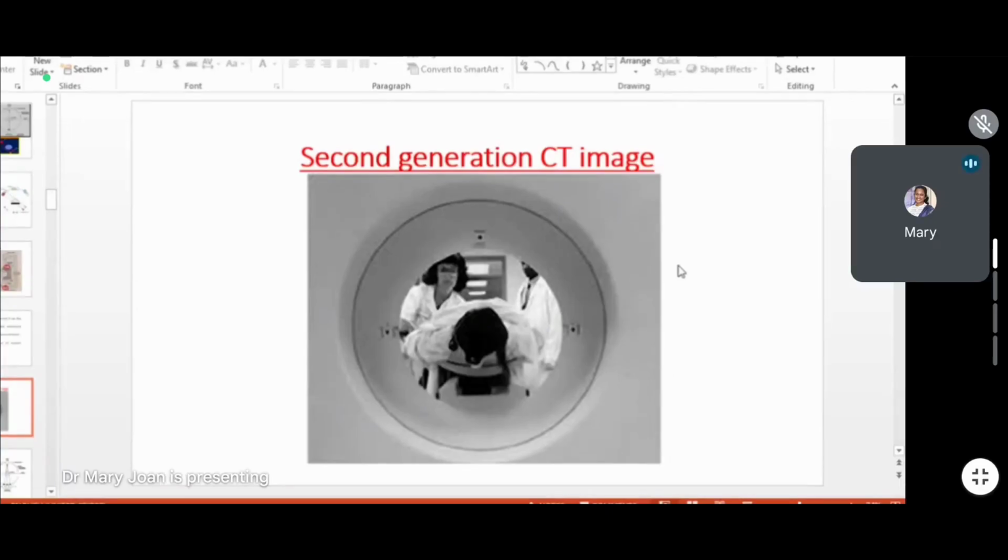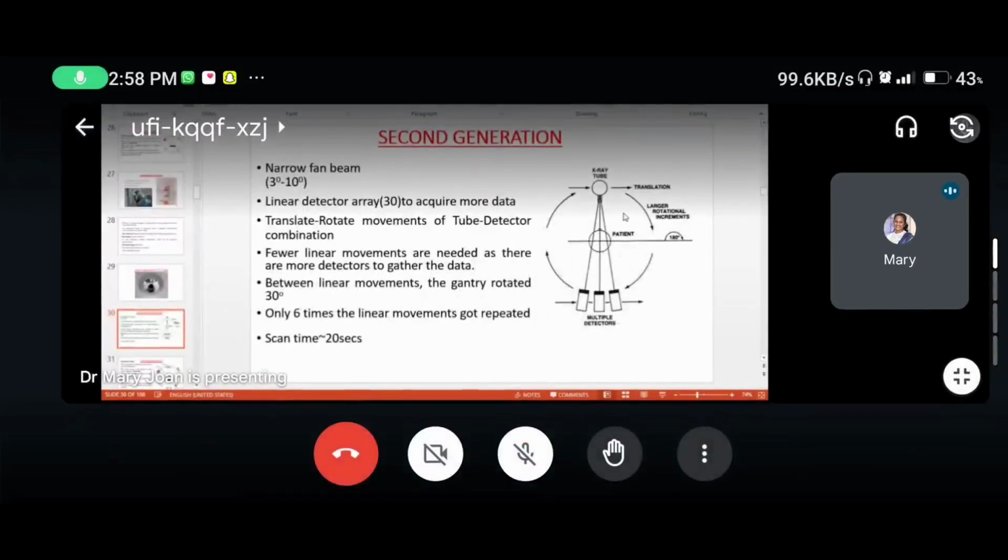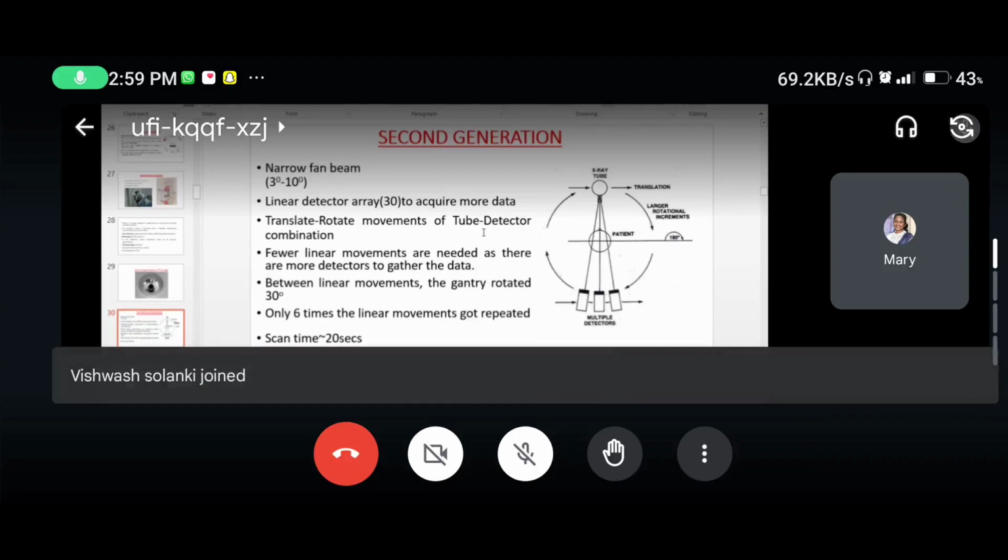So this is an image of a second generation CT scanner. So here that is more close to the current appearance of the CT scan. Bolus is something placed over the skin or body part. So what happens is when we place a bolus, yeah, that is good that you asked that question. The X-ray interaction starts when there is tissue, right?